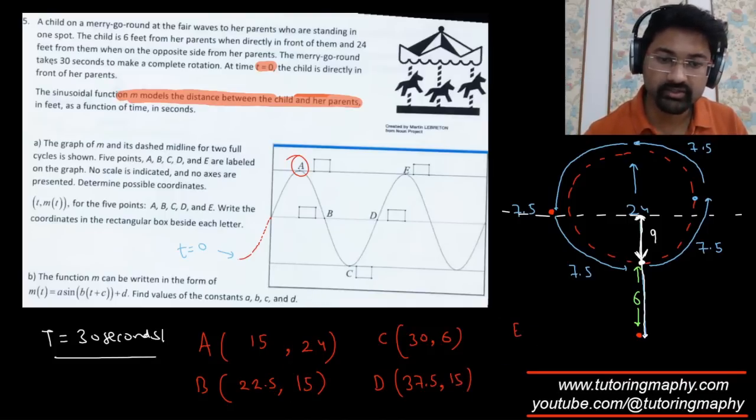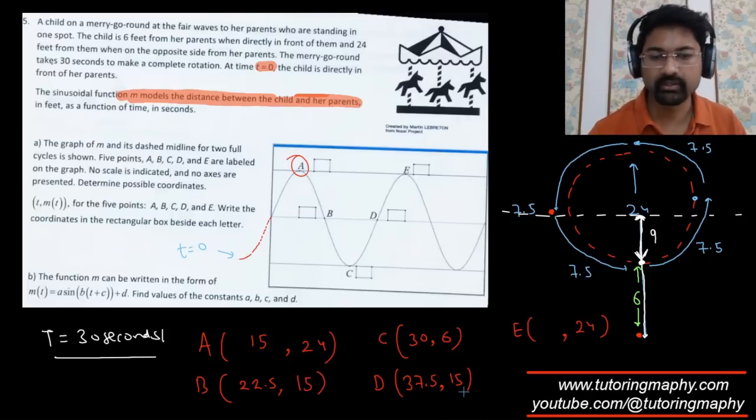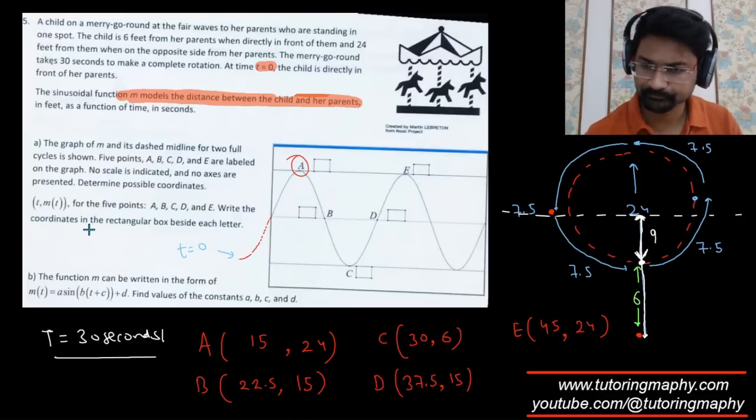And finally, E is the maximum, which is 24. Another 7.5 being added, which will become 45, right? 45 seconds. So these are the coordinates of A, B, C, D, E in this order.